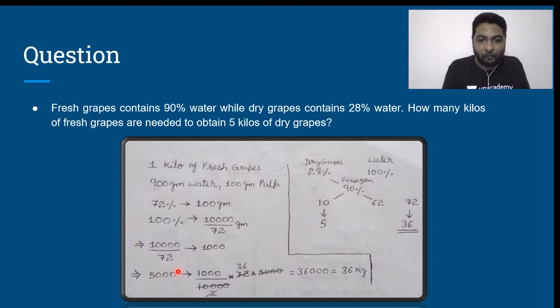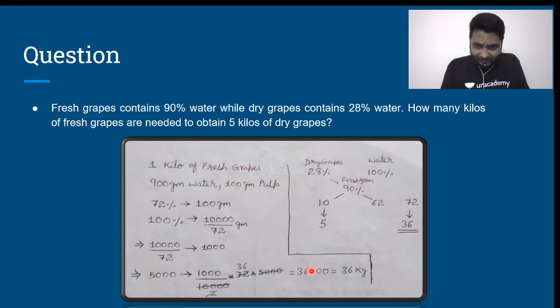For 5 kilos, for 5000 grams, how much will I need? 1000 divided by 10,000 by 72, into 5000. The denominator of the denominator becomes the numerator. If I simplify, I'll get 36,000 grams.